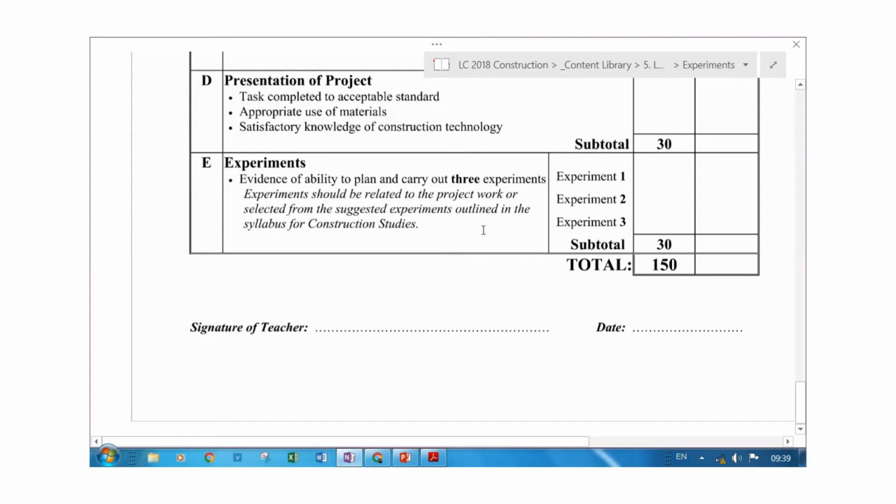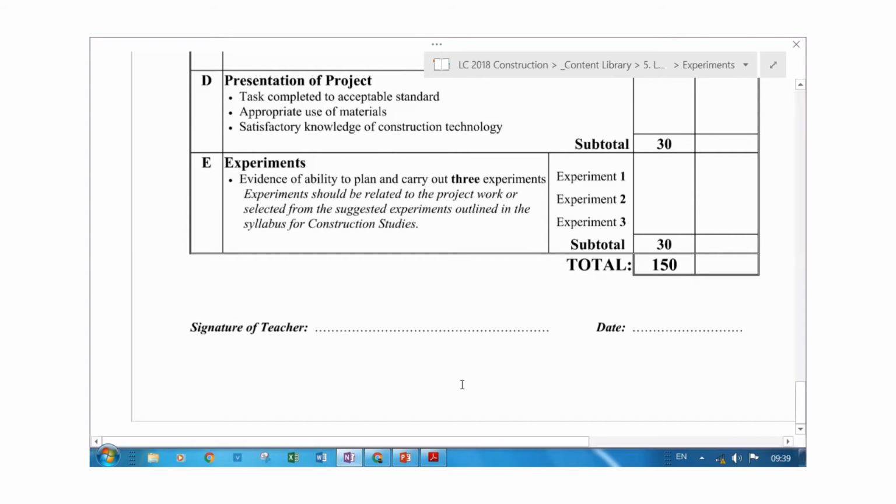Now, basically what I'm telling you is, whatever experiment you do, it has to relate to your project. So, for example, if you're doing a furniture project, you're not going to do an experiment based on concrete, because it has nothing to do with your project. Now, it is in the construction syllabus, but it's far better to do experiments related to your project.